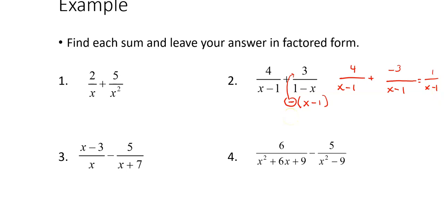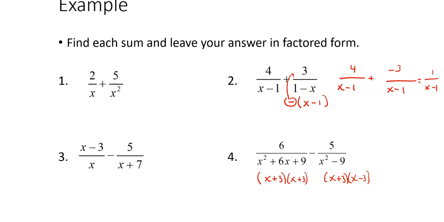Look at number 4. Number 4 is a subtraction problem. Sometimes subtraction problems are a little bit tricky, so we should work our way through this one. Factor x squared plus 6x plus 9. Hey, that's a perfect square trinomial. It's x plus 3 times itself. Over here, x squared minus 9 is x plus 3 times x minus 3.